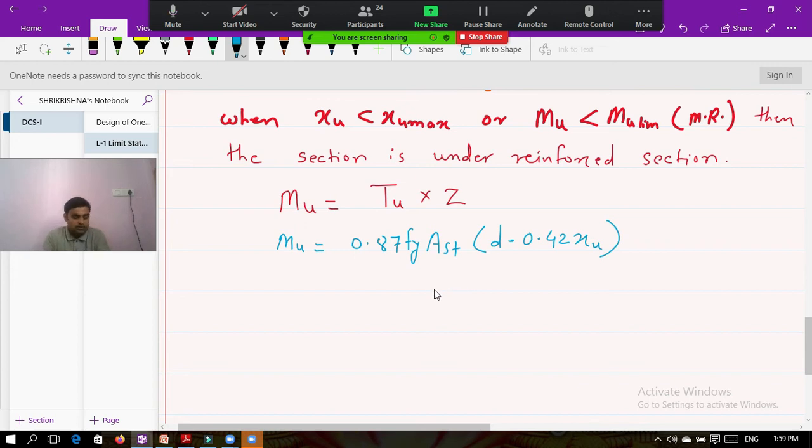So now after this we will see the second type, that is balanced section.